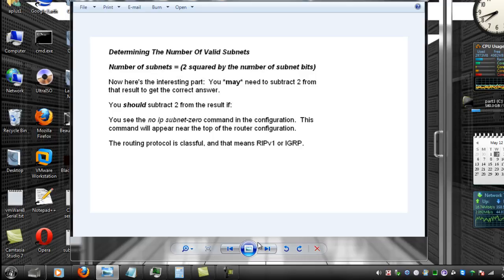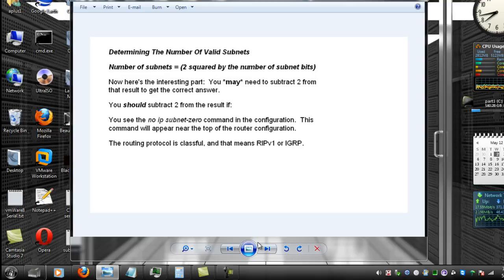They may mention it. It is a possibility. If you see the IP subnet 0 command, you will see that it is enabled, so do not subtract 2. If Cisco does not mention it, do not subtract 2. If you actually see no IP subnet 0, or if routing is classful, you subtract 2. See the way that works? But in general, you will never subtract 2 in reality, nor on your exam. I am simply informing you that in not that long ago, old days, it was something to consider.